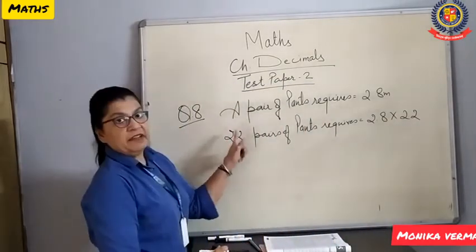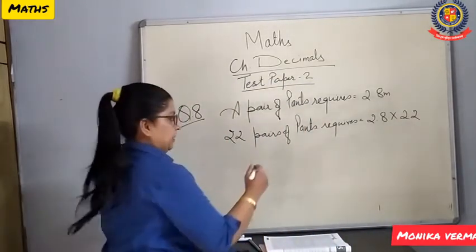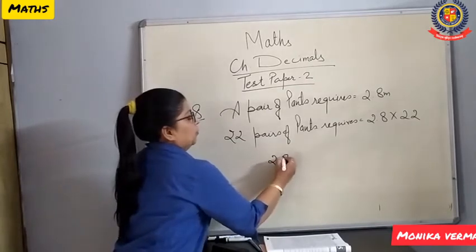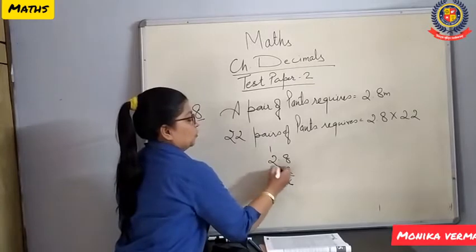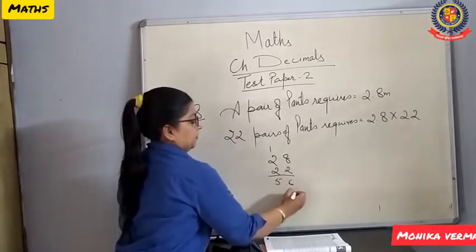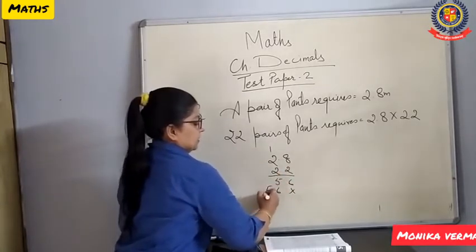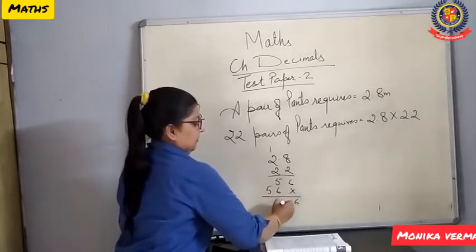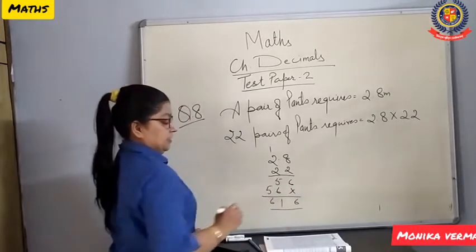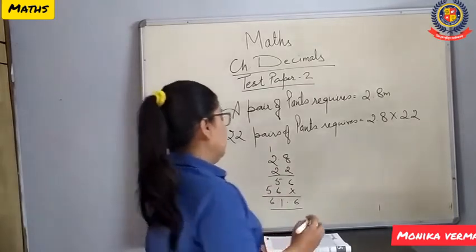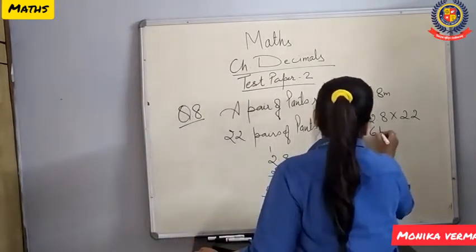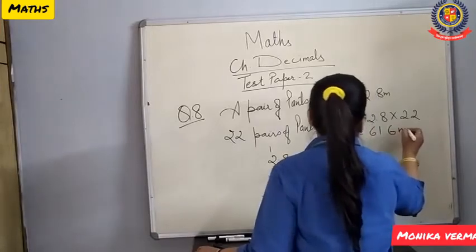Because when 1 is given and we have to find for more, we will multiply. So let's do it. 2.8 into 22. 2 8s are 16, 1, 2 2s are 4 plus 1, 5. Again 56, 6, 6 plus 5, 11, 616. Now we have to put the decimal after one digit. So we got 61.6 meter.